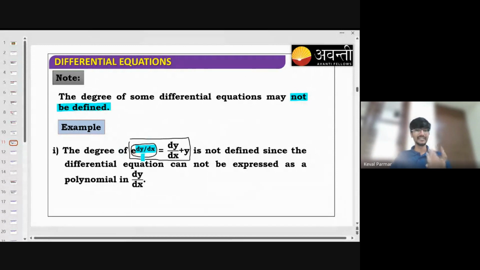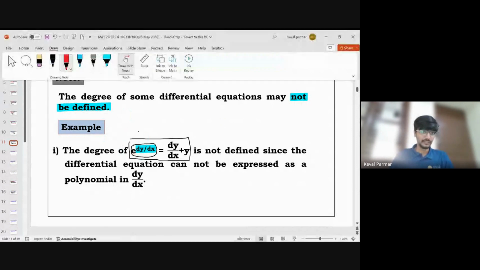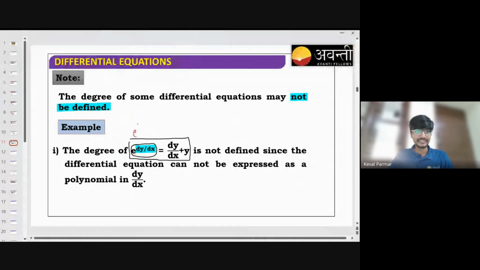So in this case, what will the degree be? Not defined. Let me tell you, if this function were like this, just e raised to x is equals to dy over dx plus y, then the degree will be equal to 1. Why?